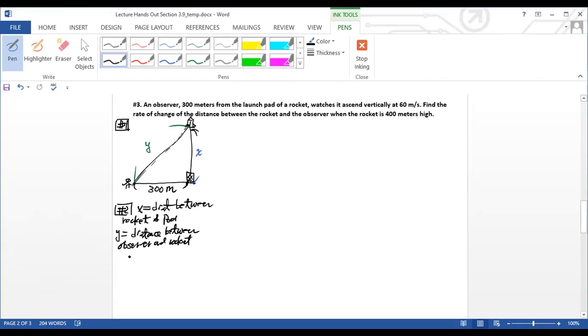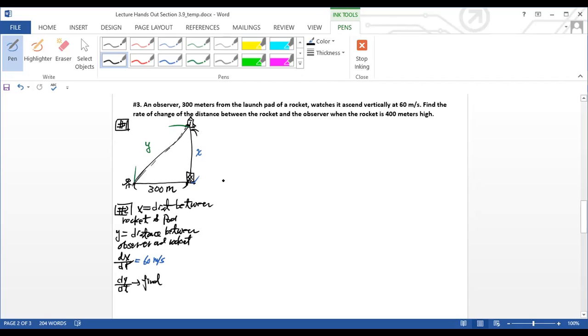So dx/dt, how fast this one moves, we know, right? dx/dt is 60 meters per second. And then we want to find the rate of change of the distance. So we want to find dy/dt. That is what we want to find here, right?